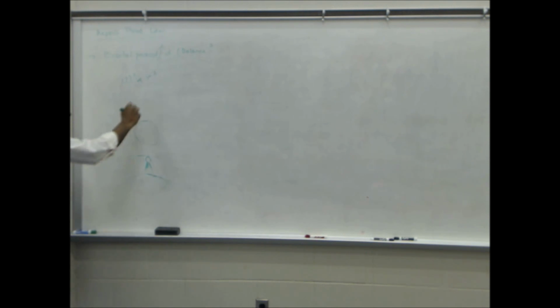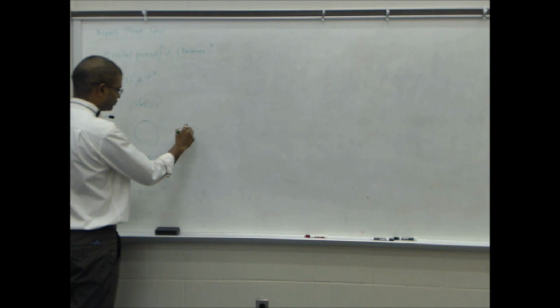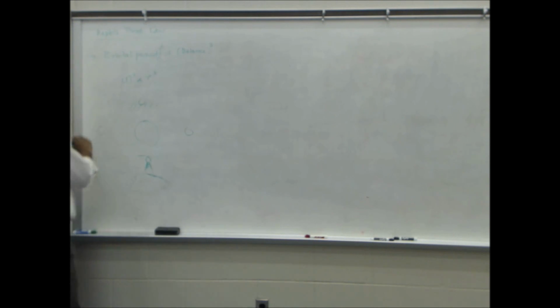Okay. When the moon is here, all this is illuminated. All this part is illuminated. Right? That is the full moon. Okay. So this is your crescent moon.